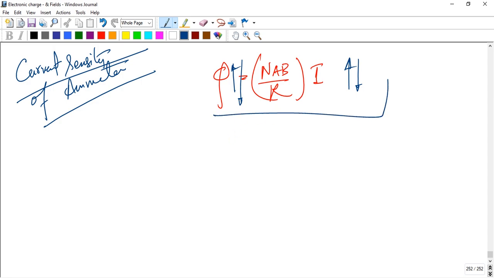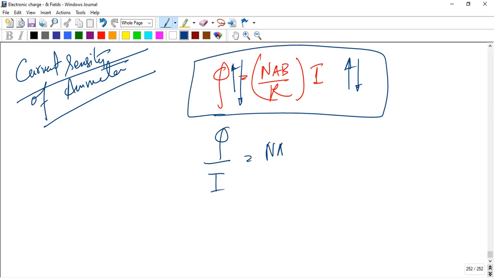The sensitivity phi by I equals NAB by K. That's the current sensitivity. That's the basic concept of the galvanometer, and how it is used as a voltmeter or ammeter.